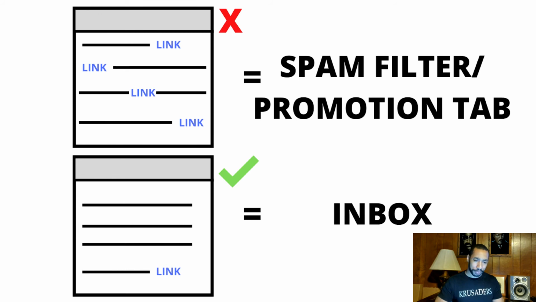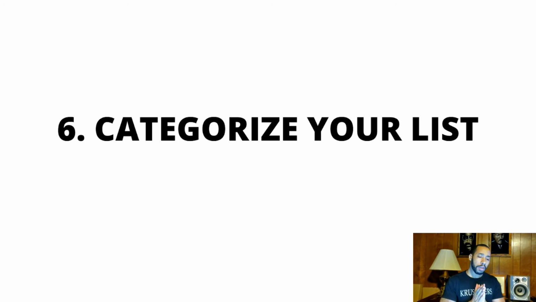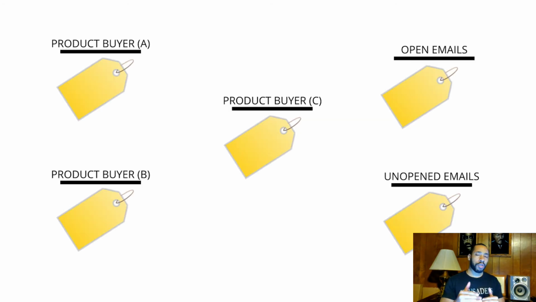All right. Next thing you want to do is categorize your list. As you're growing your list, you need to really separate your subscribers. The people who actually opted in to click on the link, you need to have those people tagged.